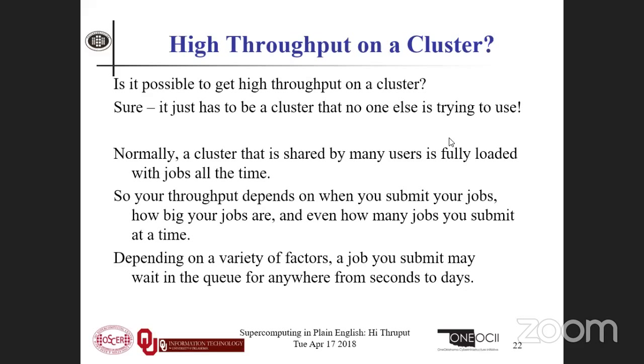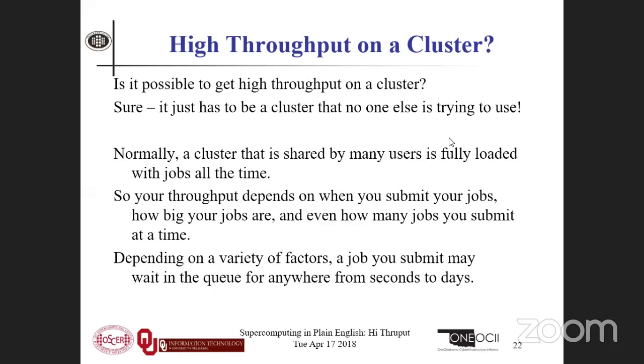Now, can you get high throughput on a cluster supercomputer? Yeah, you can, as long as nobody else is trying to use the cluster supercomputer. If you've got $1 million and you buy one for yourself, you can get all the throughput you want out of it. But if you're going to be sharing it with lots and lots of other people, which is usually the case, usually there are hundreds of other users, not all day, every day, but over time.